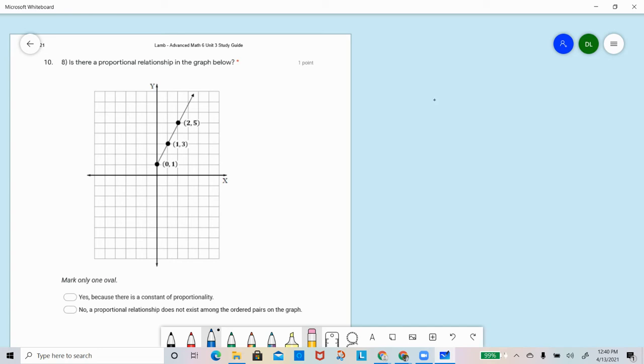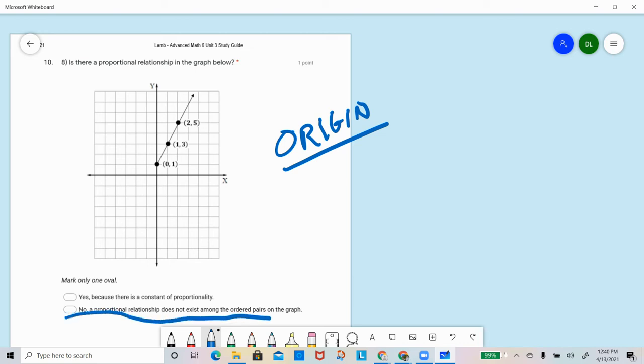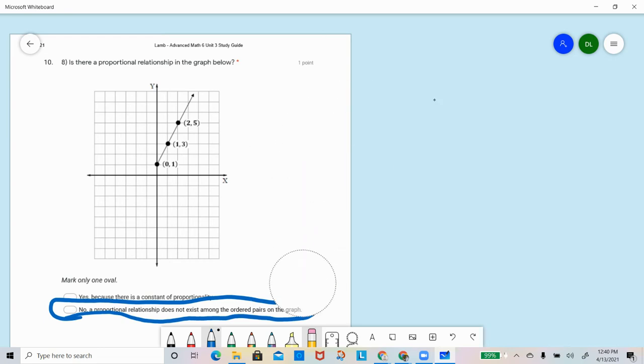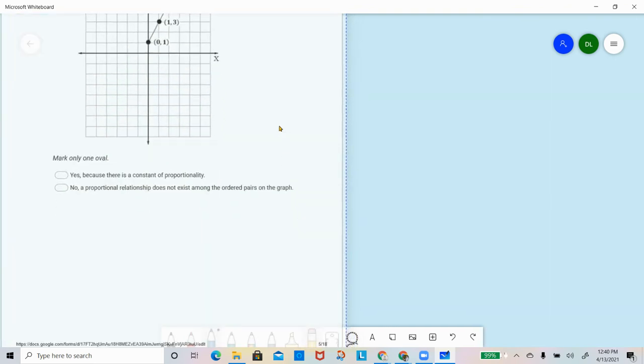And this does not start, nor does it go through the origin. So therefore, it can't be proportional because it doesn't go through the origin. It has to go through the origin and be a straight line for a graph to show a proportional relationship. We have now answered question number 8, and let's keep going.